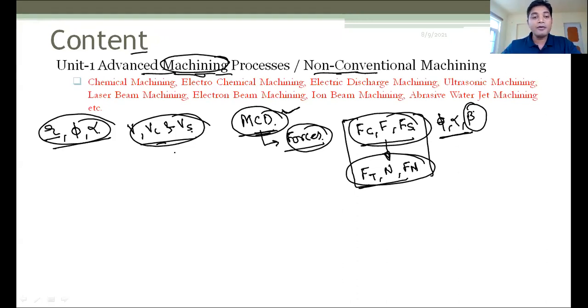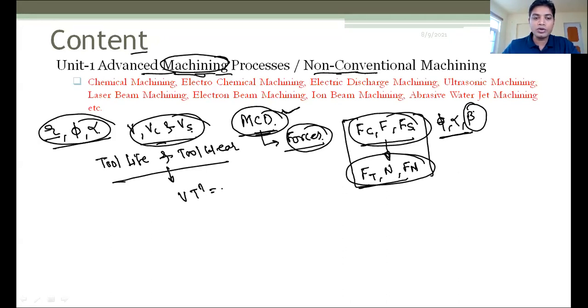We also studied tool life and tool wear, in which we derived Taylor's tool life equation, VT^n = C, where V is the cutting speed, T is the tool life, and n and C are constants.